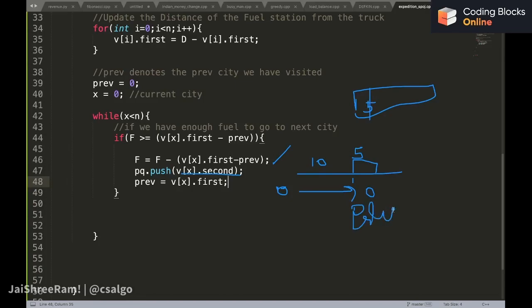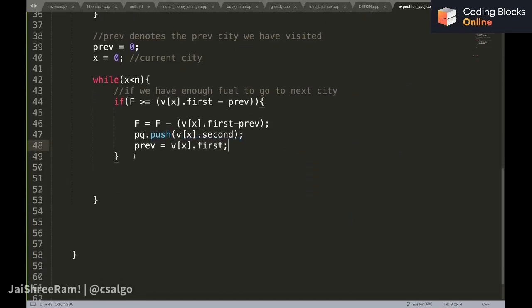Okay, something like this. So what we need to do next is, let's also write the else case. If this is not possible, if we cannot reach the next city from the current fueling capacity, we can check if you have some fueling stations visited in the priority queue.